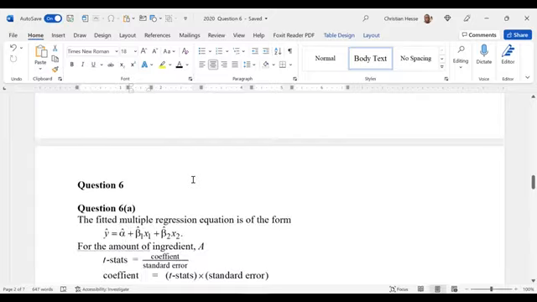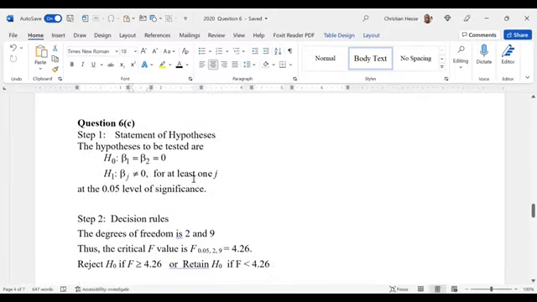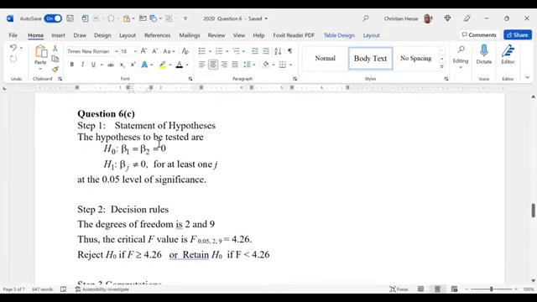So the degrees of freedom you use to answer this part is 2 and 9, because we are going to use the F distribution table. So what will be the critical value?